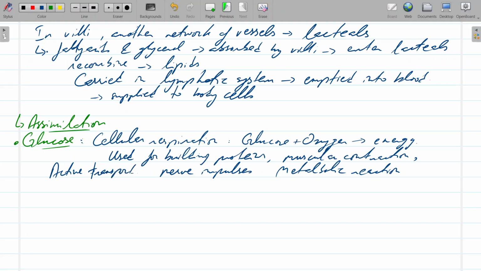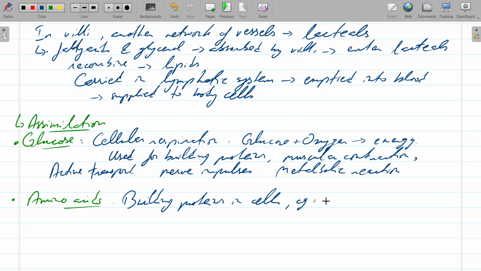Now, amino acids are used to build up proteins, and there are so many different kinds of proteins that are present all over the body. The major kind we can talk about are enzymes. So building proteins in cells, such as enzymes, which catalyze just about all metabolic reactions that take place in the body.